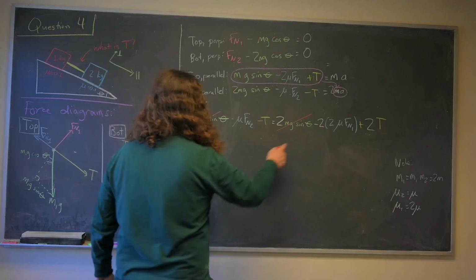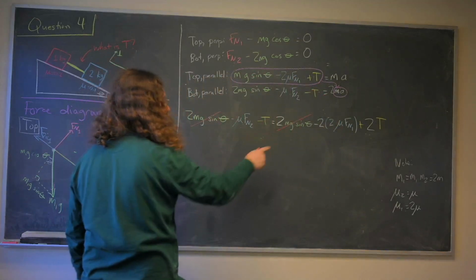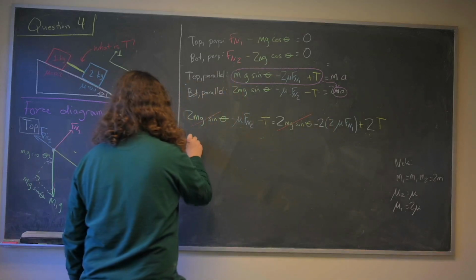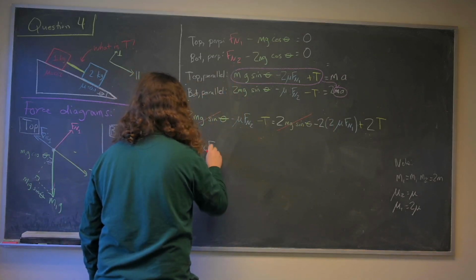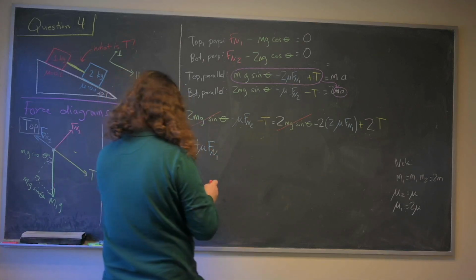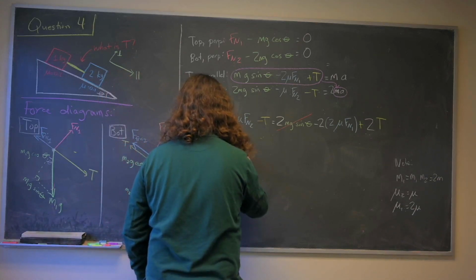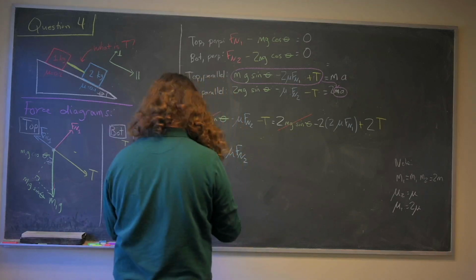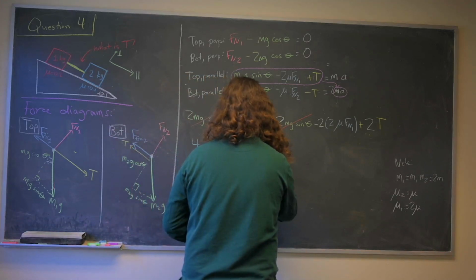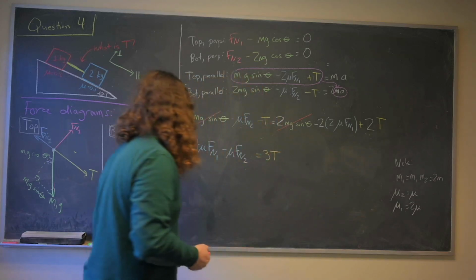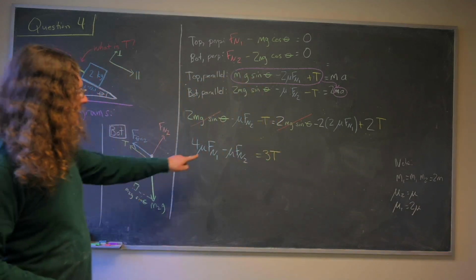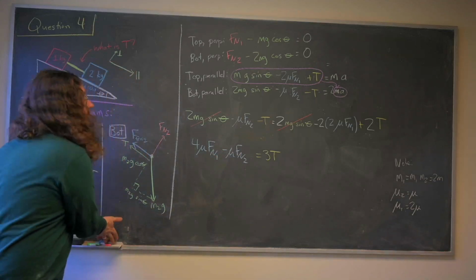Let's see, so this comes over here and becomes positive. 2 times 2 is 4. So I have 4 mu Fn1 minus mu Fn2 equals 3T.